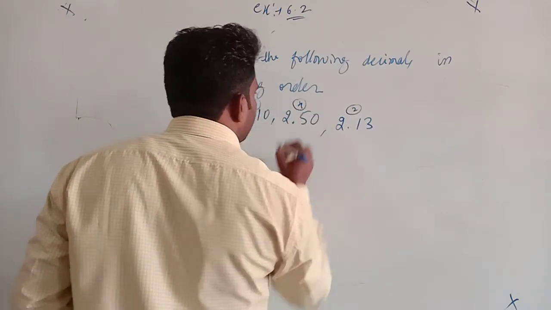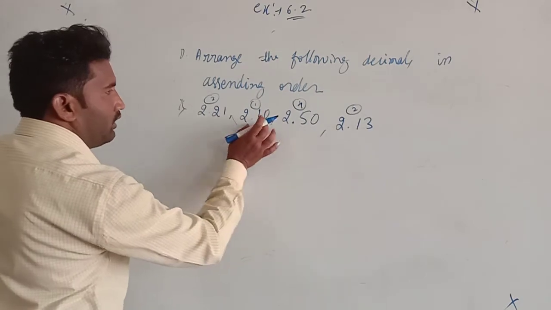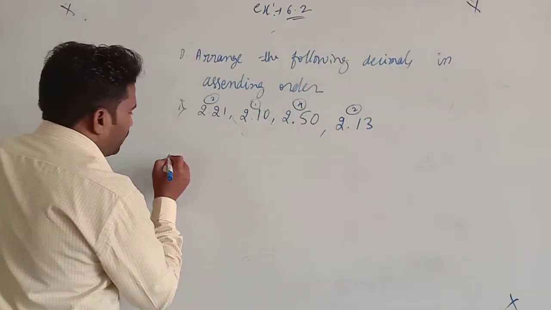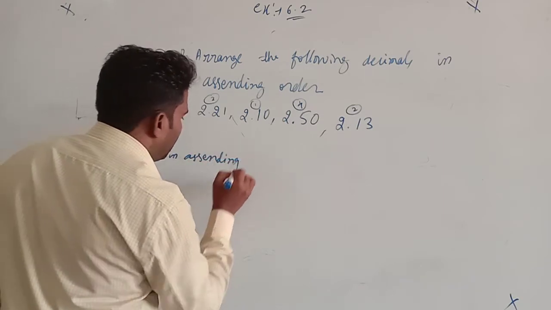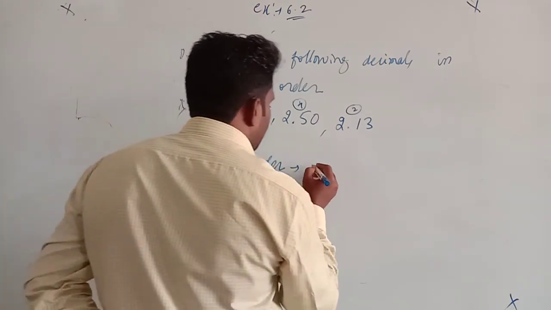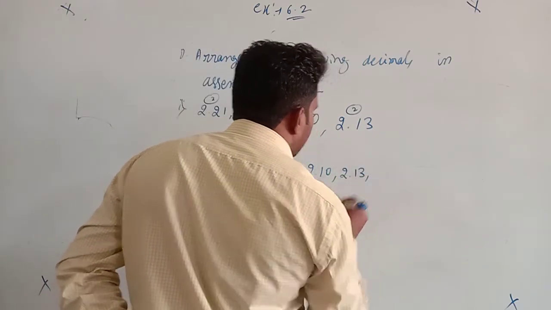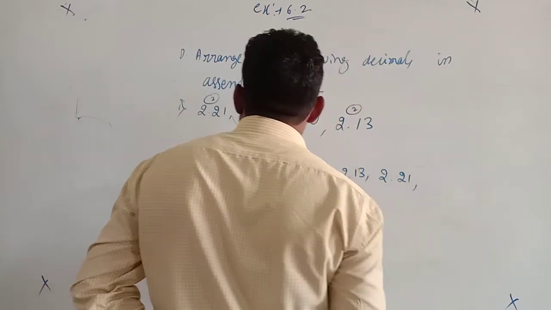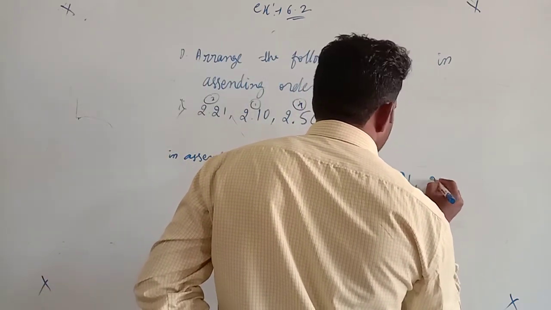So we should write this one last. So in ascending order we write 2.10, second one 2.13, then 2.21, last 2.50.